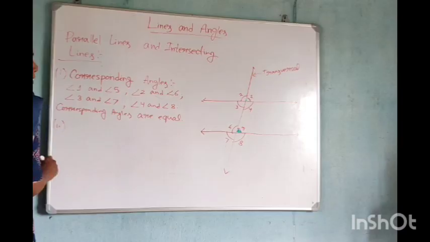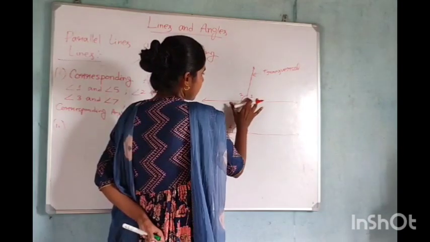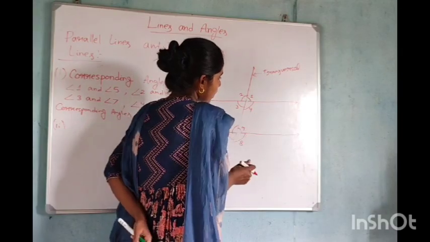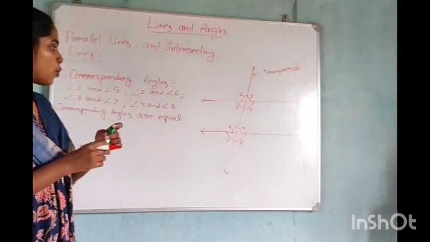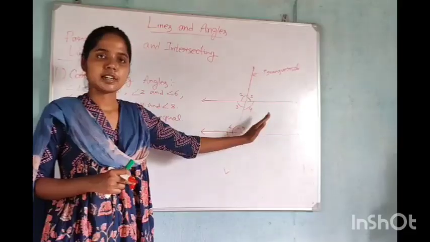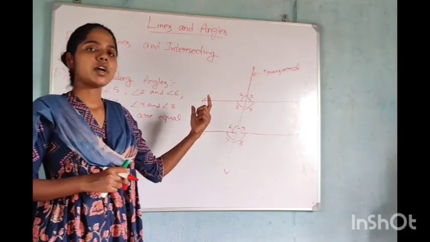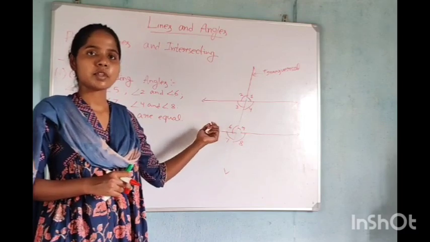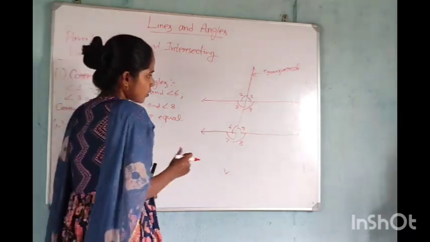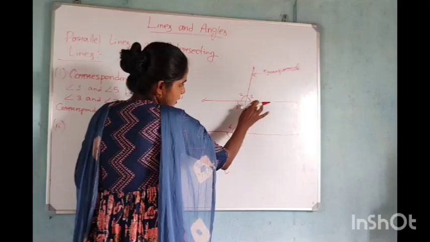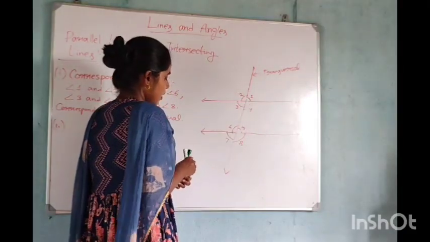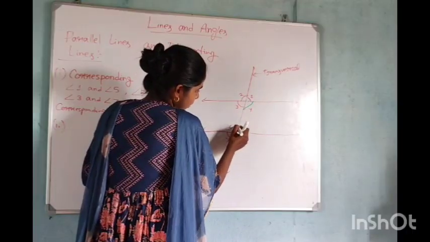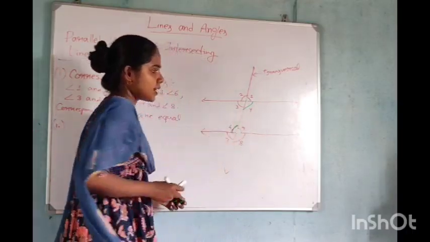Now our next angles are alternate angles. Earlier we talked about look-alike angles on the same side of the transversal. Alternate angles mean they will be on opposite sides, not on the same side. You can see this angle and this one at opposite sides.